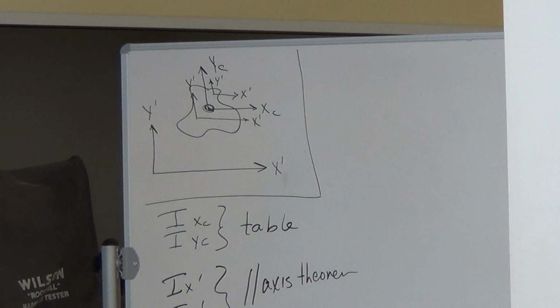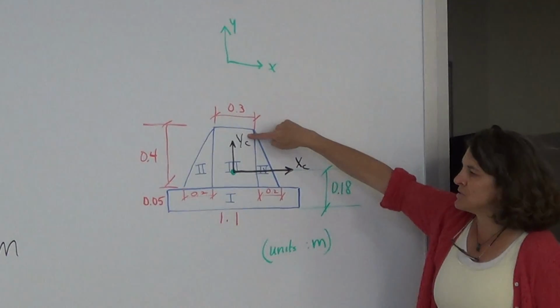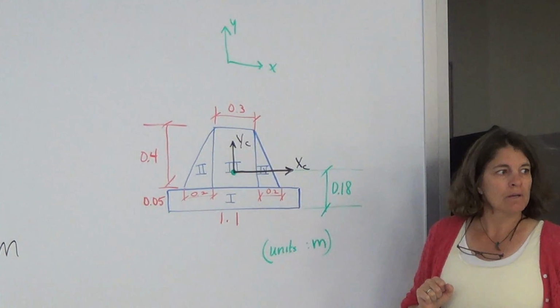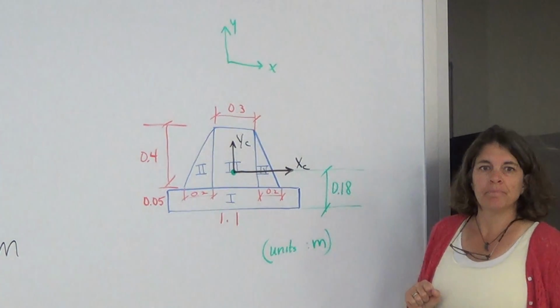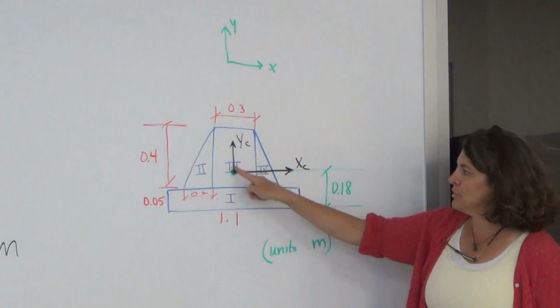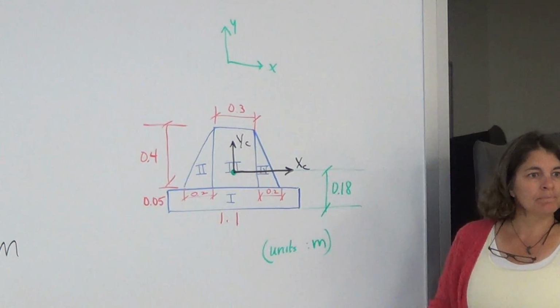So let's take a look at this problem. If I want to find the moment of inertia about x sub c axis or y sub c axis, how am I going to find it? The table. If I want to find the moment of inertia about these axes going through the centroid, I'm going to find it at the table.